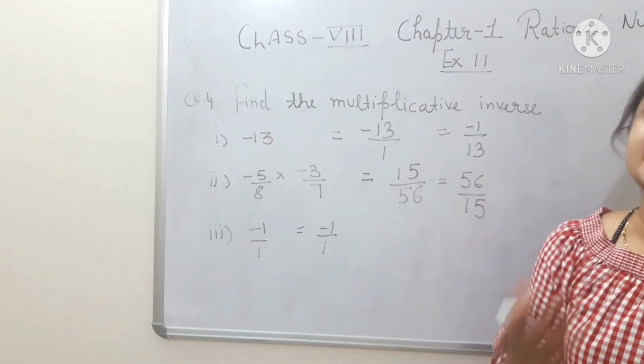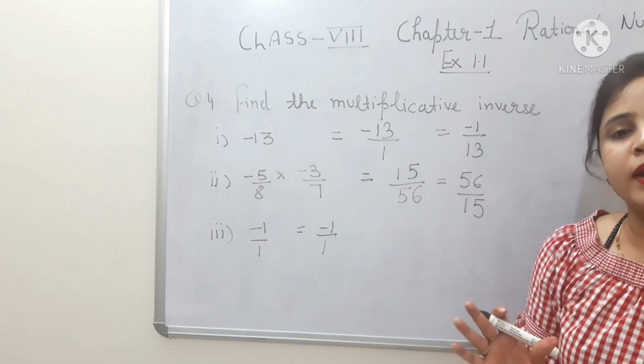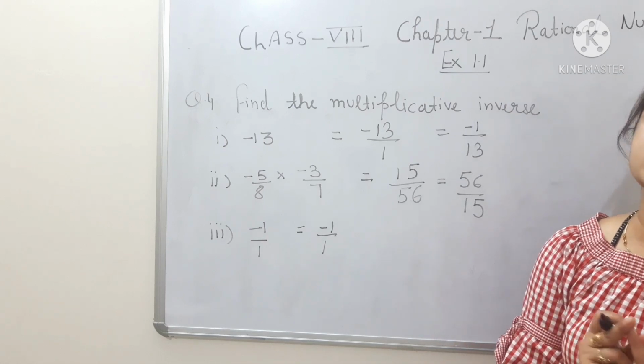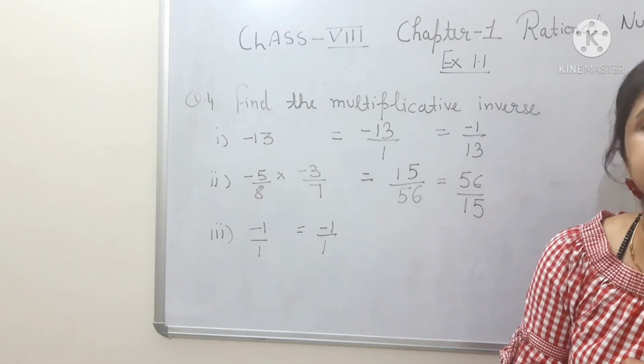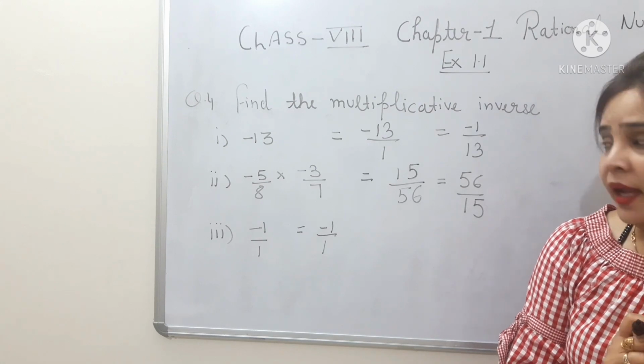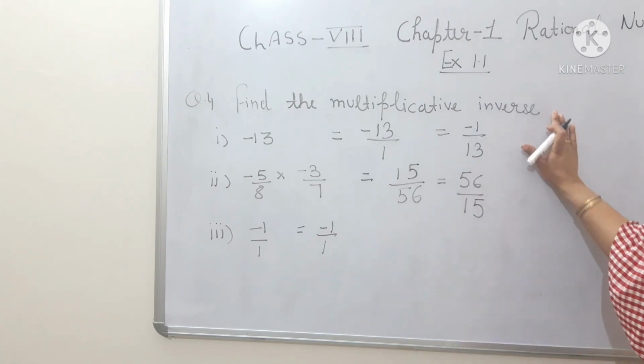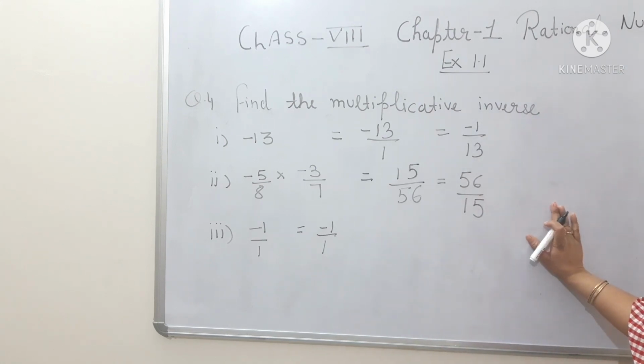So the reciprocal of minus 1 will be minus 1 only. Okay, so multiplicative inverse is what? Just the change of the numerator and the denominator value, the reciprocal of that number.